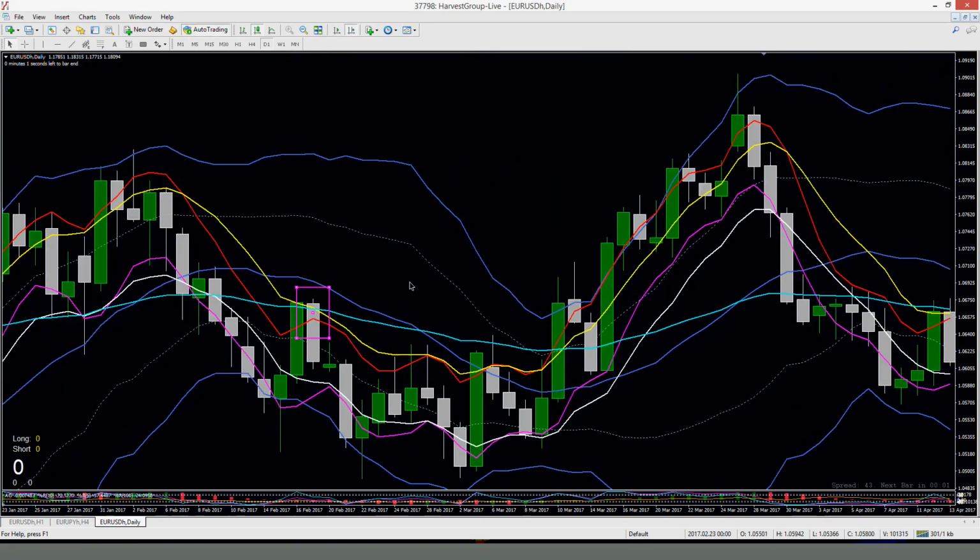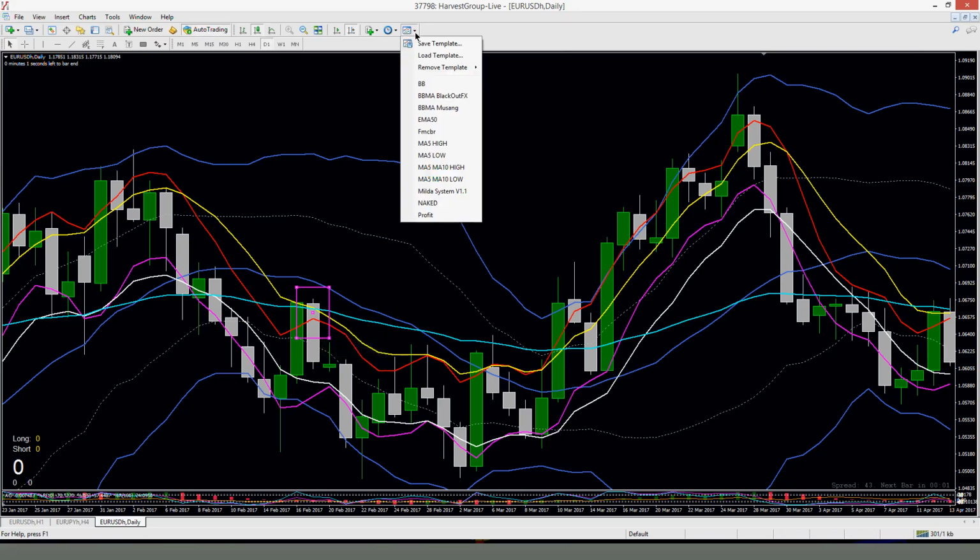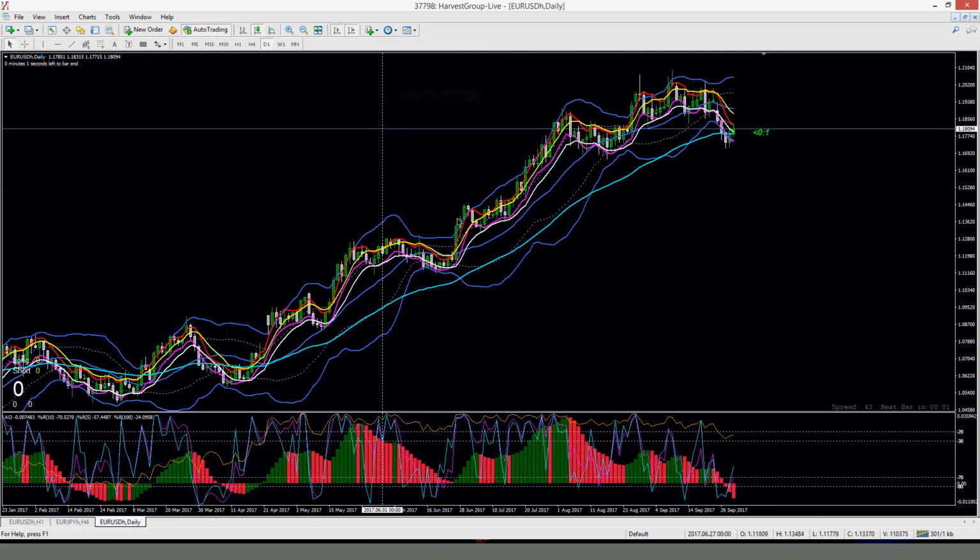So even though D1 doesn't tell you the story, this is a hidden re-entry, as I categorize it. If you understand how MA50 works, you will be able to see these hidden re-entries. So that's all the moving averages on the basic BBMA.